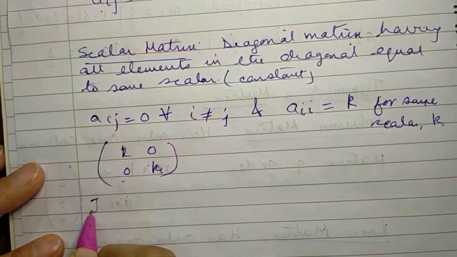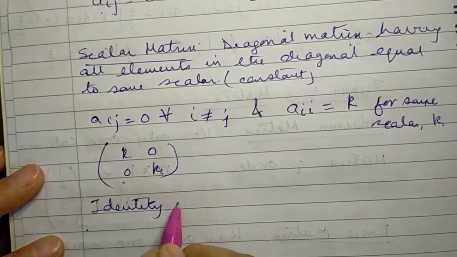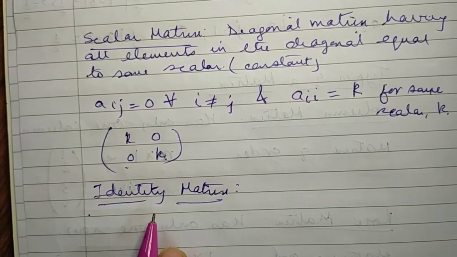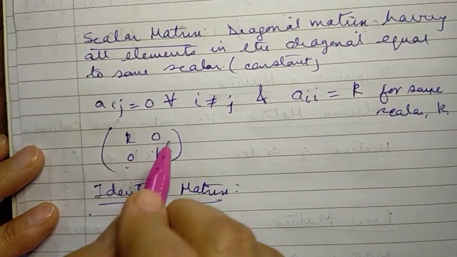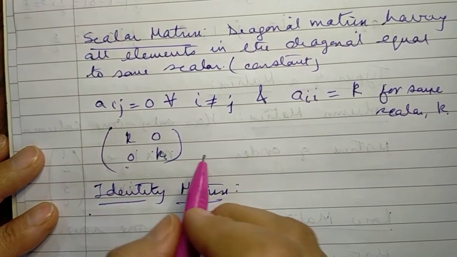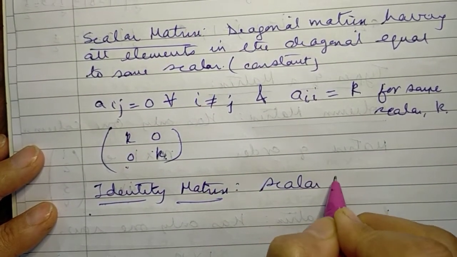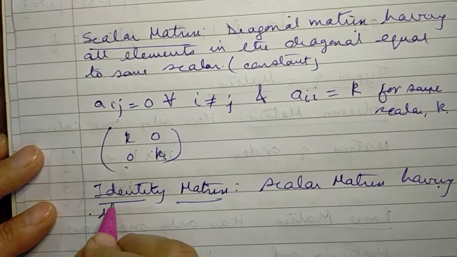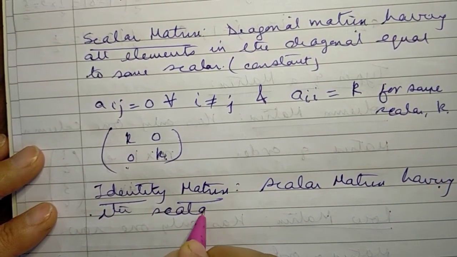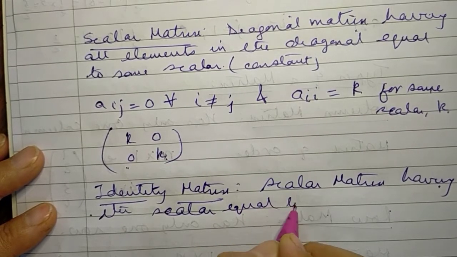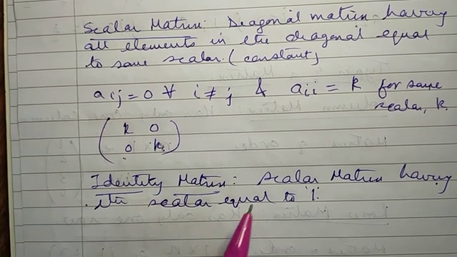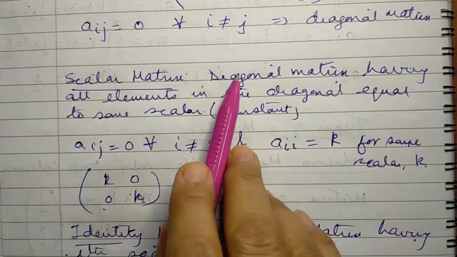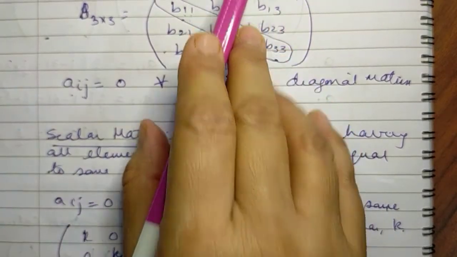Now we come to the next one, that is the identity matrix. The identity matrix is another constraint put on this. It's a scalar matrix having the scalar equal to 1. For it to be a scalar matrix, it needs to be a diagonal matrix, and for it to be a diagonal matrix, it needs to be a square matrix.